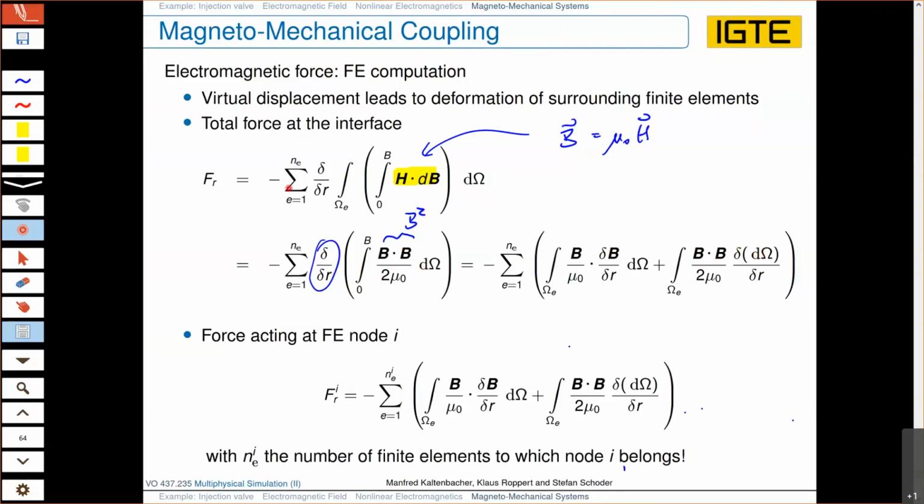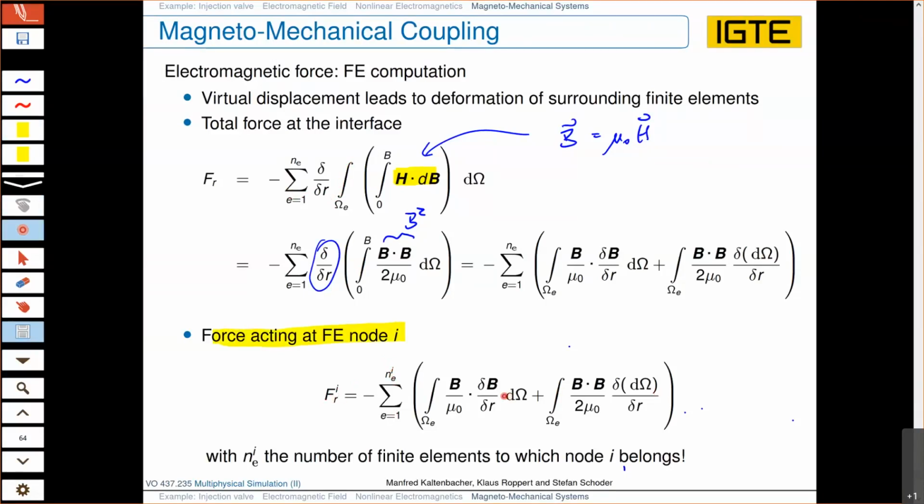As you can see, we have to take the sum over all elements within this layer around the body, and integrate over each of these element volumes omega e, which means that to get the force acting on the node, we have to take the sum over all the element nodes which include the node I. Therefore, we get the force in r direction for this node, and we have this term to be evaluated.